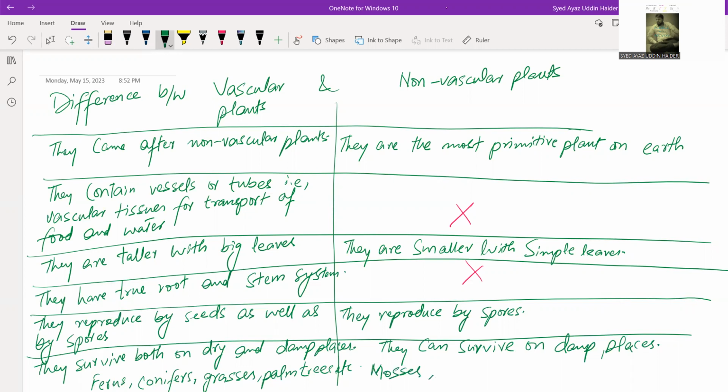We have liverworts, we have tank hair cap, and others, etc.